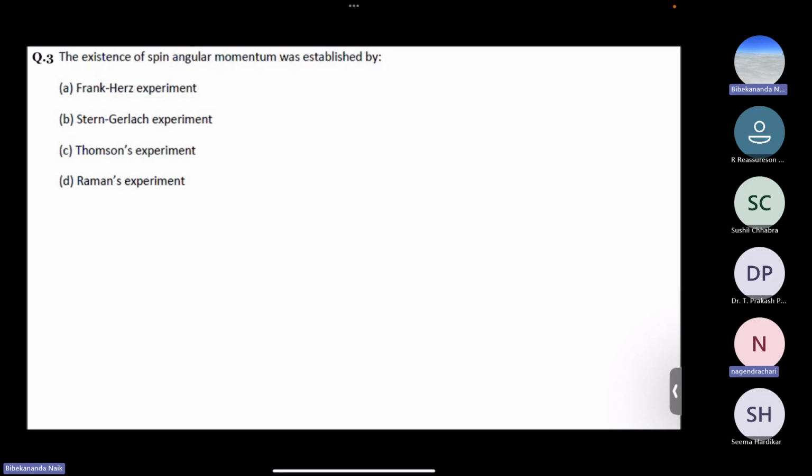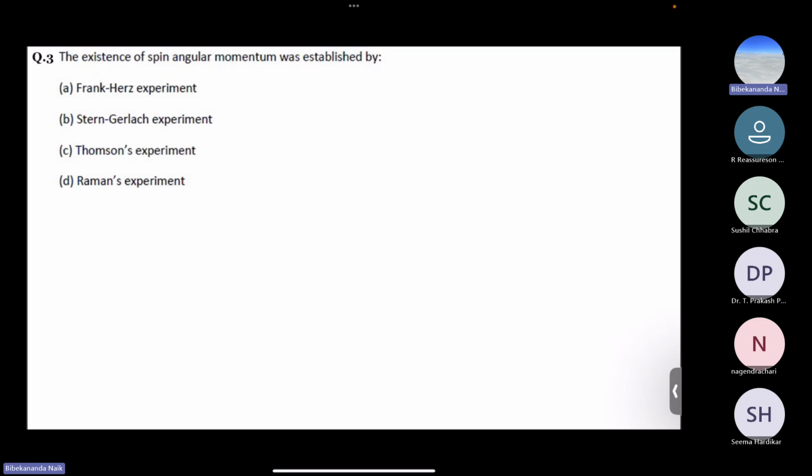It's the Stern-Gerlach experiment. Yes. So there are four options: Frank-Hertz experiment, the second option is Stern-Gerlach experiment, then Thomson's experiment, and option 4 is Raman's experiment.